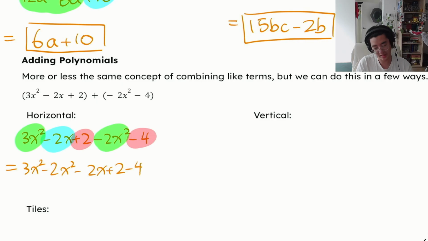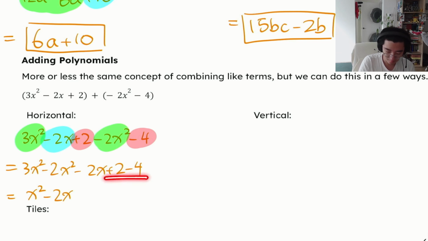Notice how I'm rearranging it based on the power. The square first and to the power 1, and then no power. 3 minus 2 is 1, so it's just x squared by itself. Minus 2x left alone, plus 2 minus 4, which is minus 2.